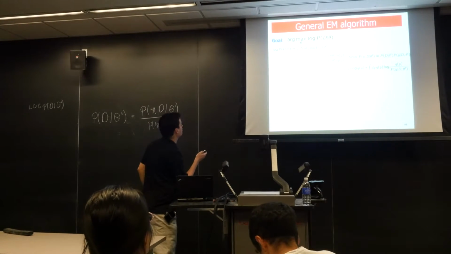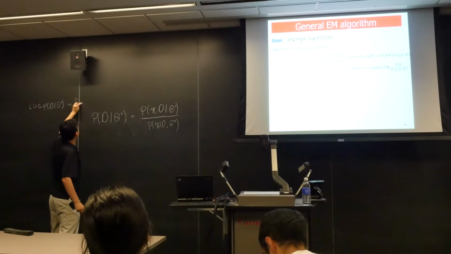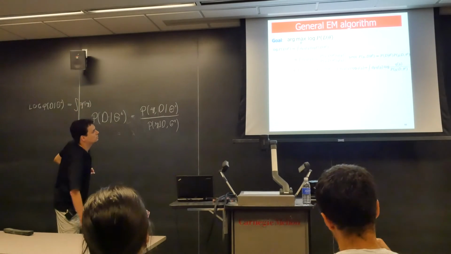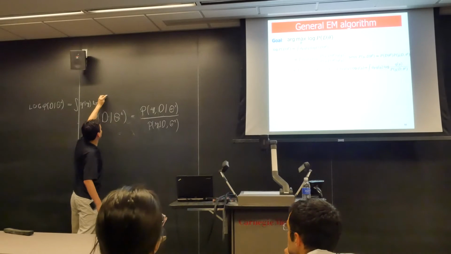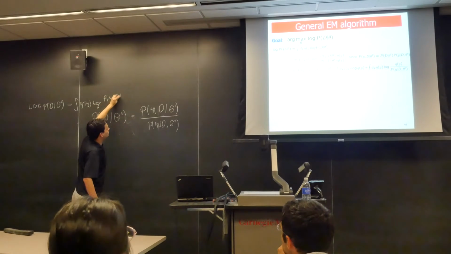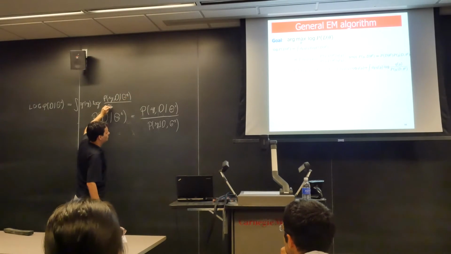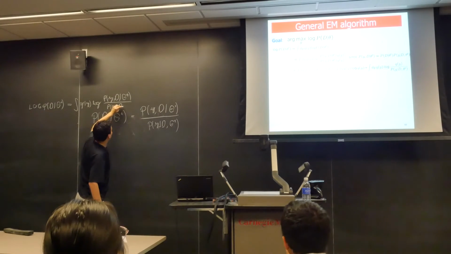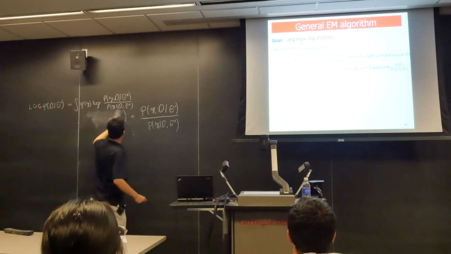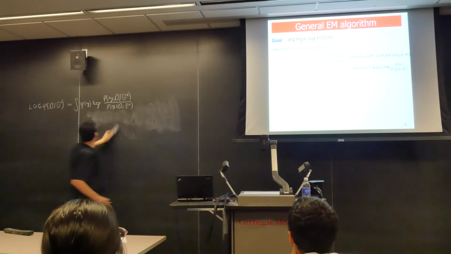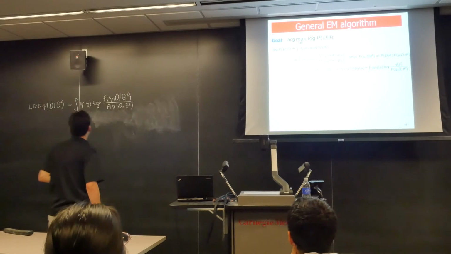So what we do here is the integral for an arbitrary q of q y times log of p of y and data given theta t, divided by p of y given data and theta t.